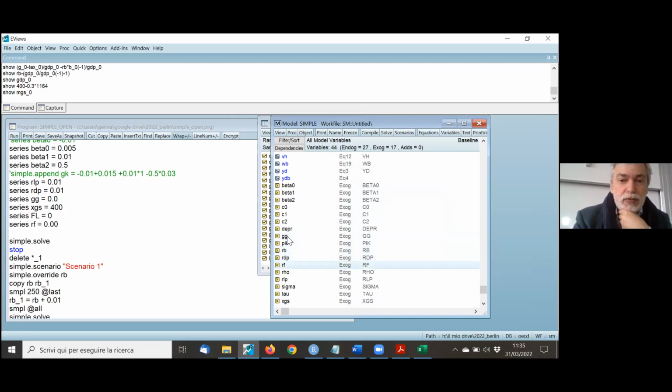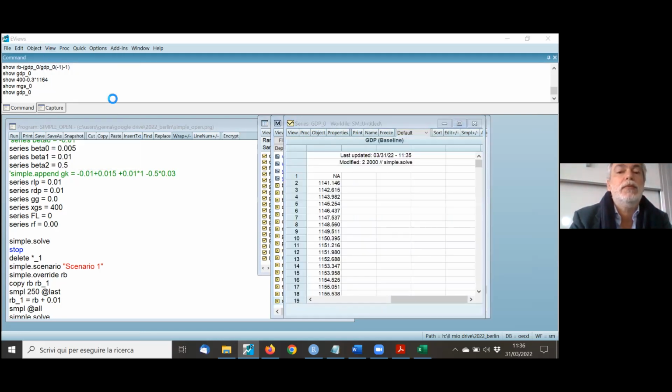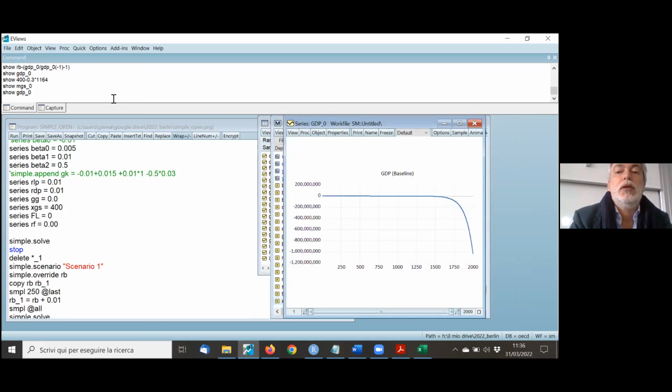We now have two interest rates which are exogenous and exports. So everything looks okay. But GDP now is no longer stabilizing.